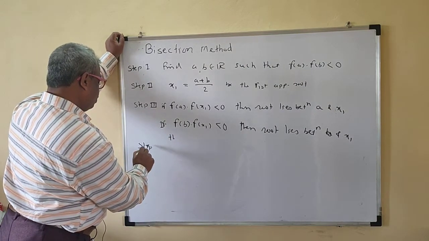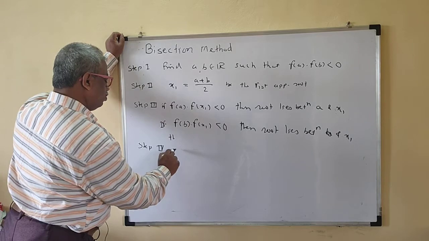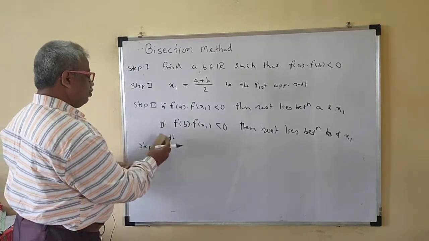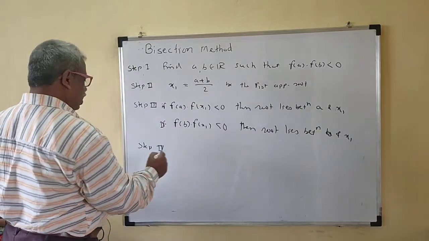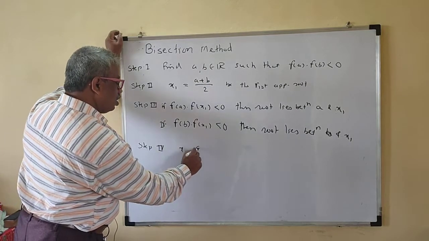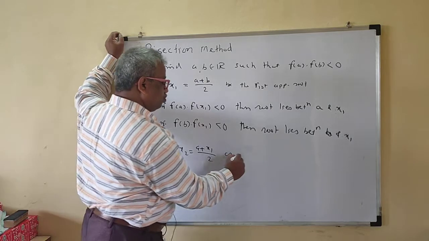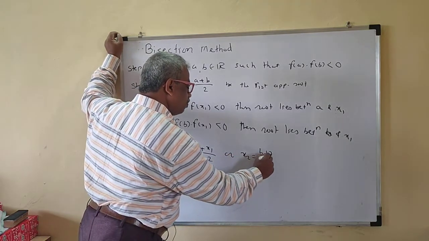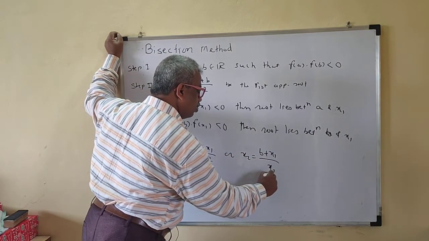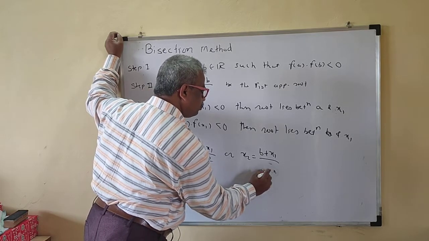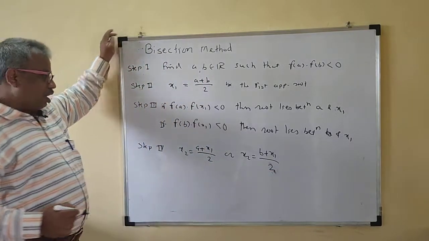Then step 4: x2 is equal to (a plus x1) upon 2, or x2 is equal to (b plus x1) upon 2. You have to take this.